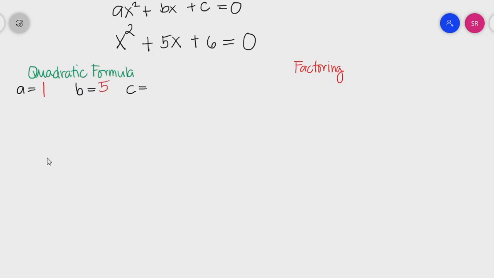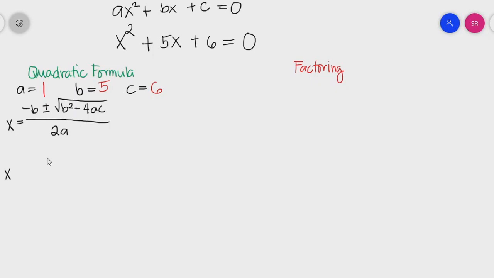And the value of c naman is our constant term, which is 6. So let's then proceed to our quadratic formula, which is x equals negative b plus and minus square root of b squared minus 4ac all over 2a.